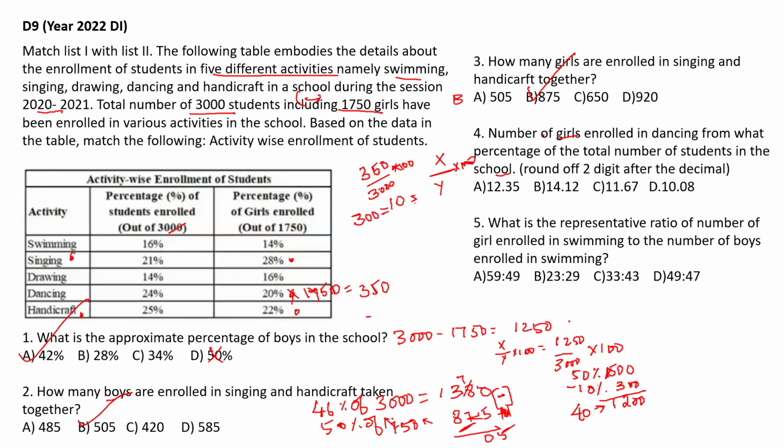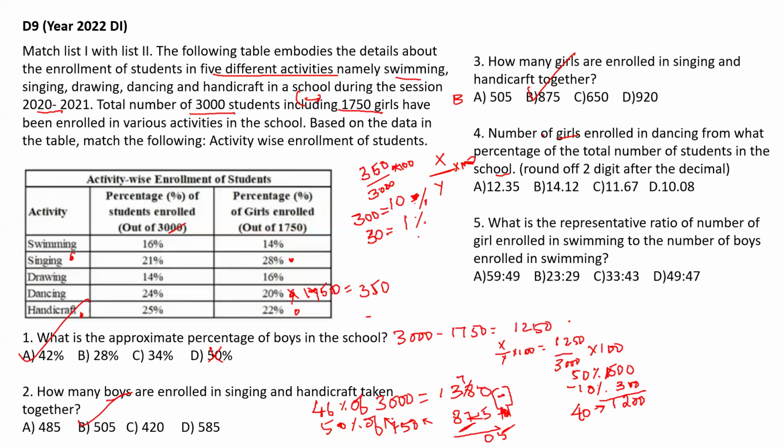So 50, how could you calculate? If you take 10 percentage, it's 300. Take 1 percentage, 1 percentage is 30. So 330, so 11 percentage is 330.